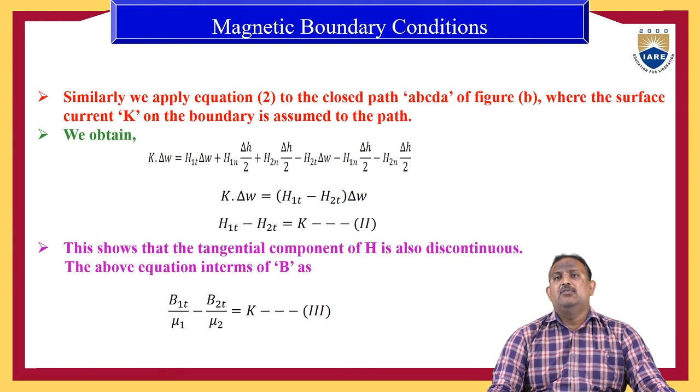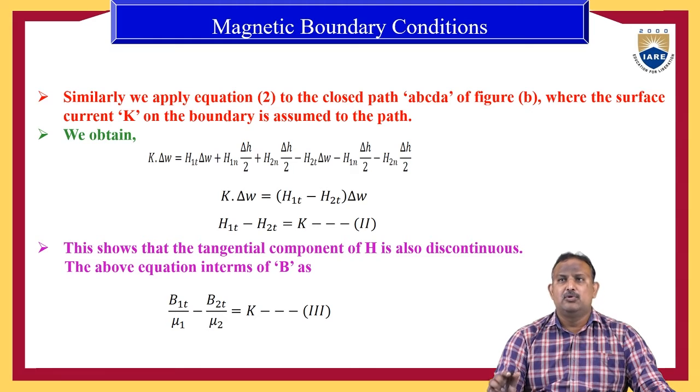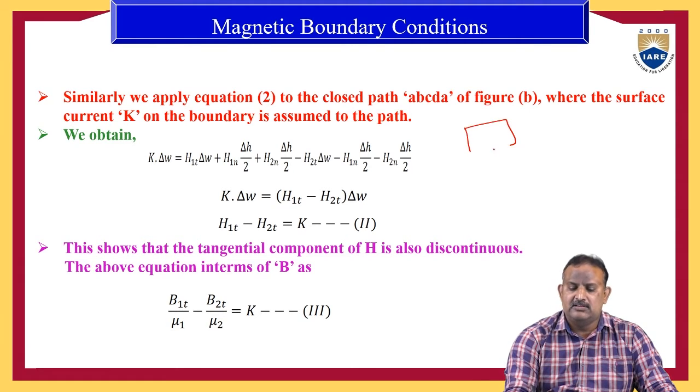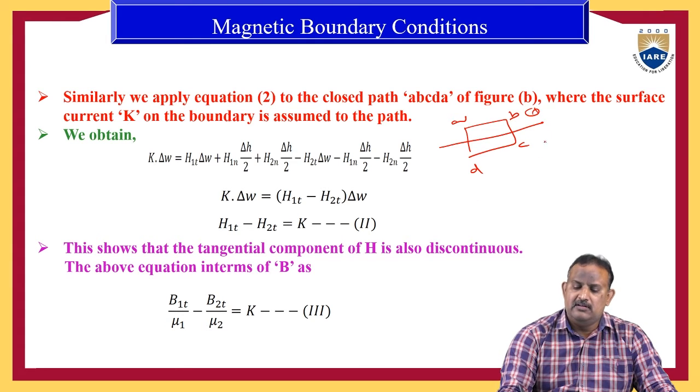Similarly, we can apply equation 2 to the closed path A, B, C, D, A, that is, the rectangular box ABCD, across media 1 and media 2.